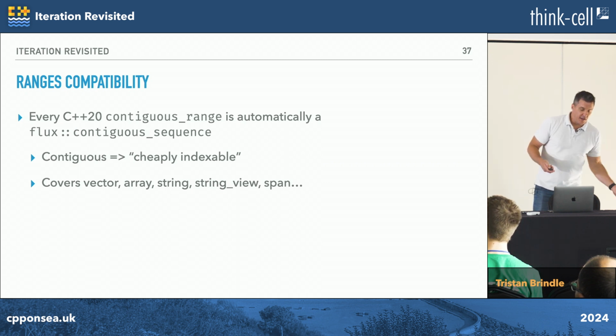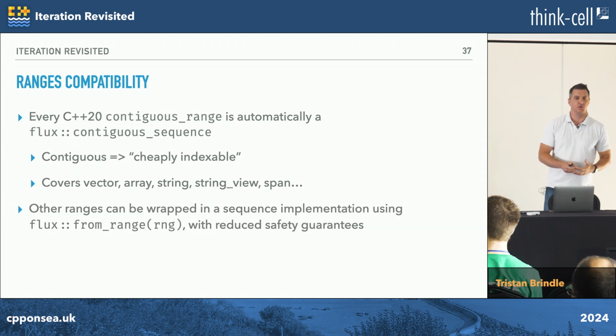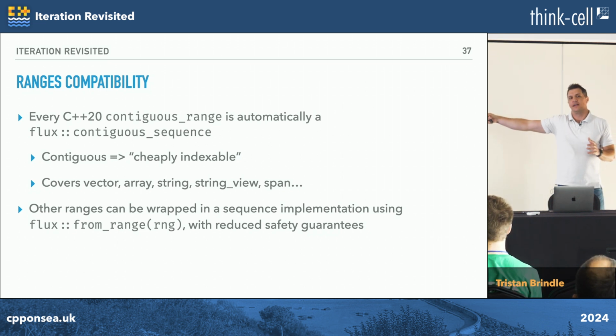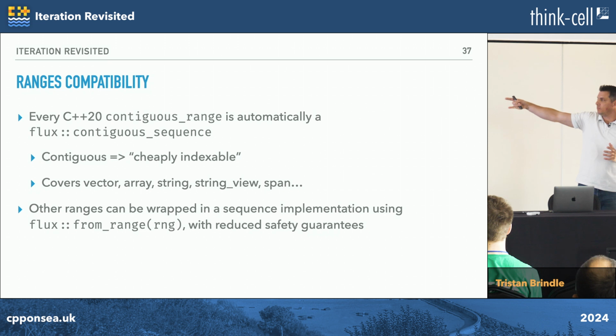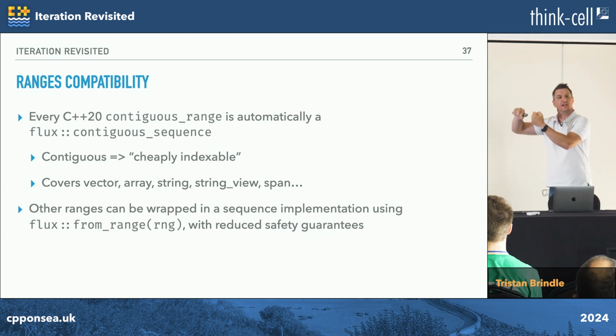For other kinds of ranges, we can make them compatible with Flux by using a function called fromRange. What fromRange does is provide an implementation of that sequence traits class, and those functions are based on the iterator operations on the underlying range.